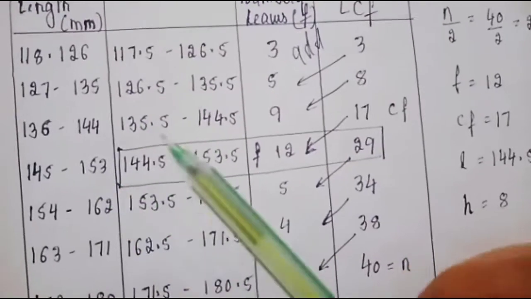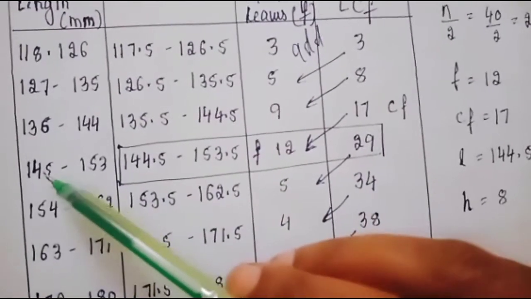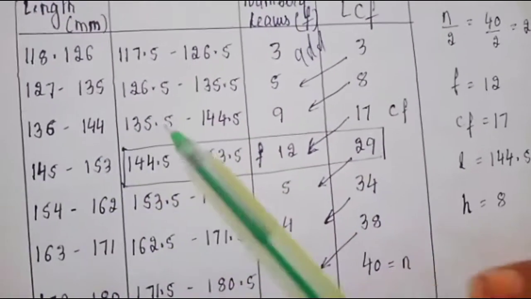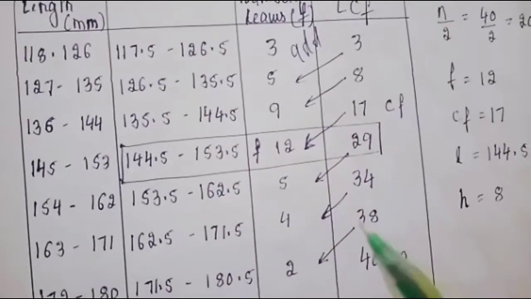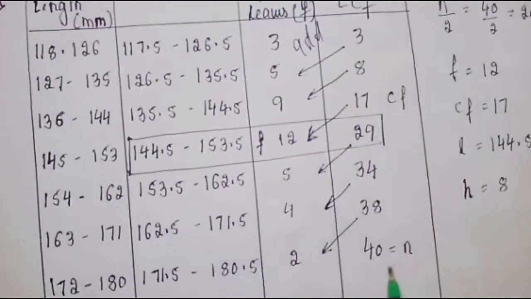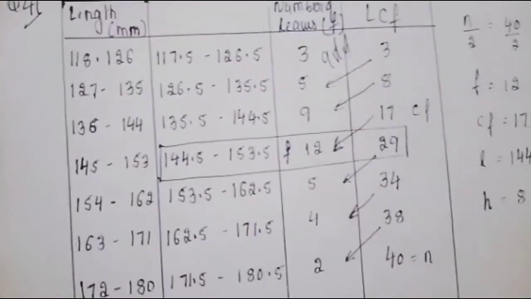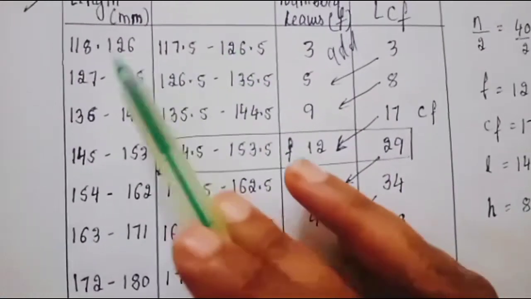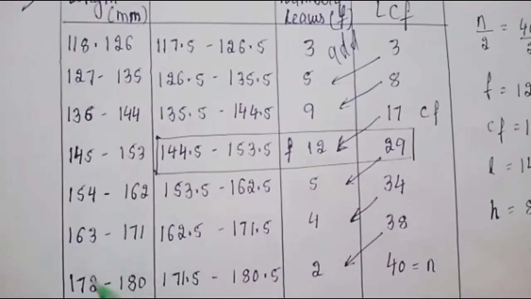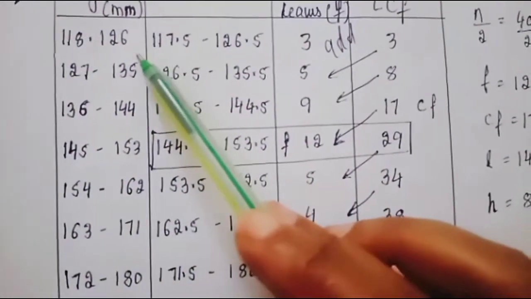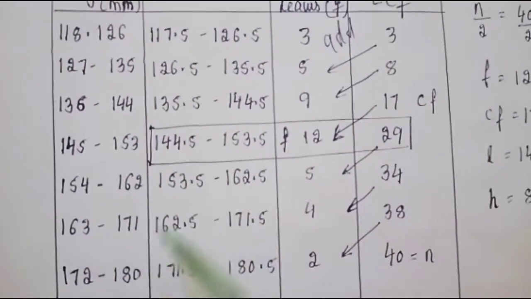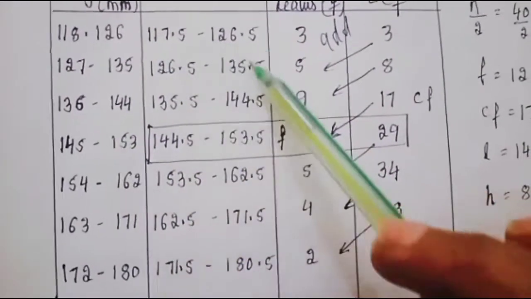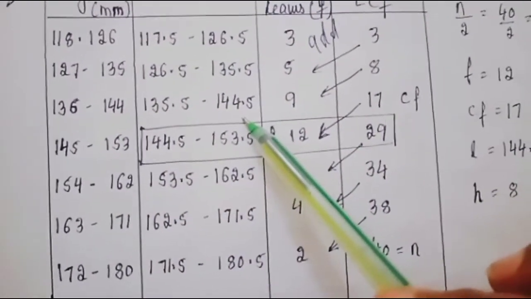If you don't make it exclusive, you take L as 145, so a 0.5 difference will come in the answer. So it is necessary to convert inclusive type to exclusive. Subtract 0.5 from lower limits and add 0.5 to upper limits. So these class intervals are converted into exclusive type.